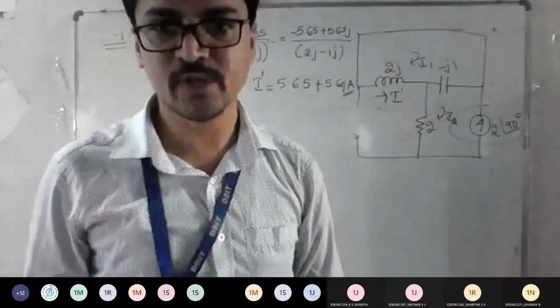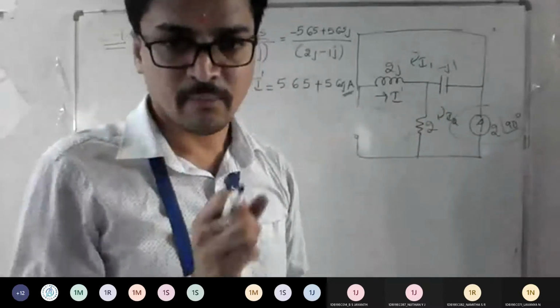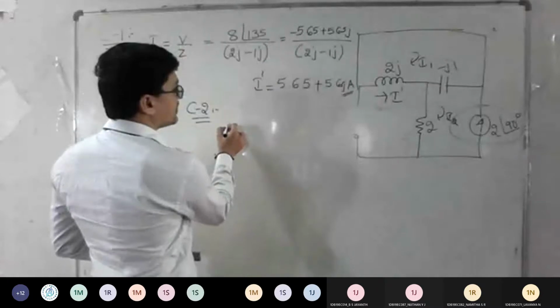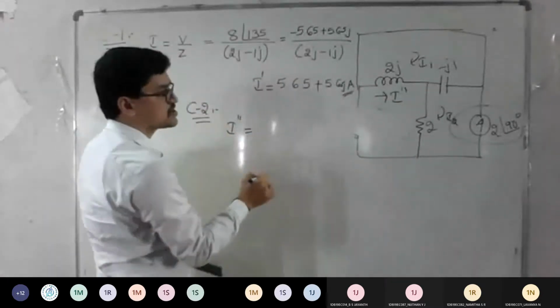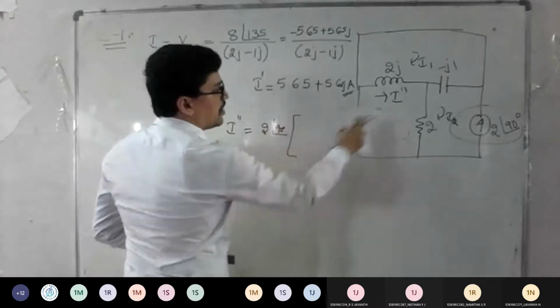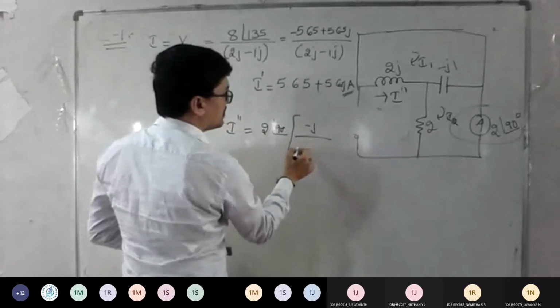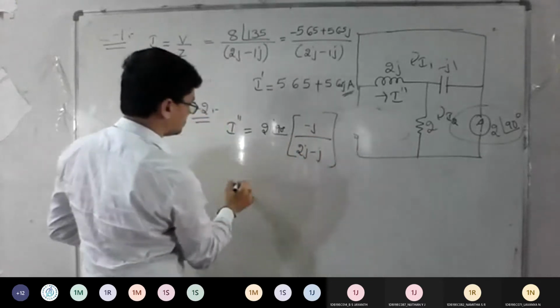Both are fine, so whichever you feel comfortable with, go with that. If you know the branch current logic clearly, apply the logic. This becomes I double dash now. I double dash is equal to main current into the opposite resistor, which is minus J, divided by the sum of the 2 resistors. How much?